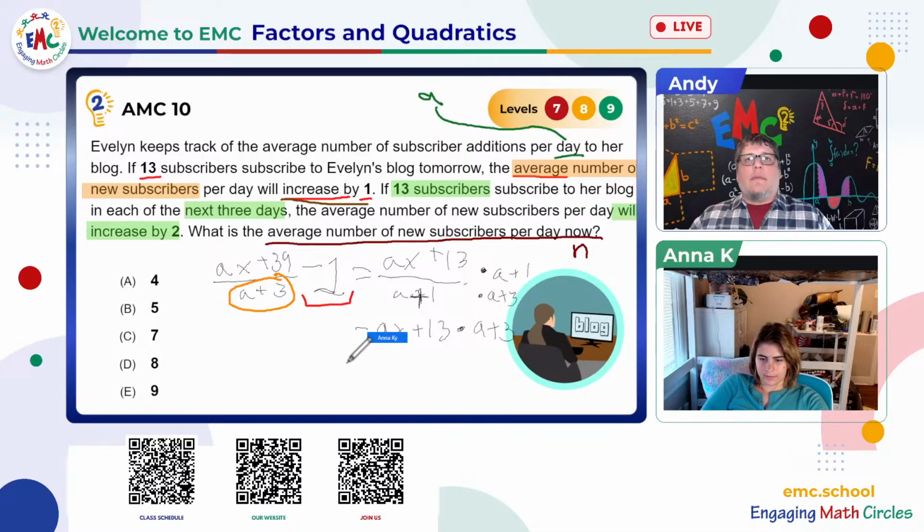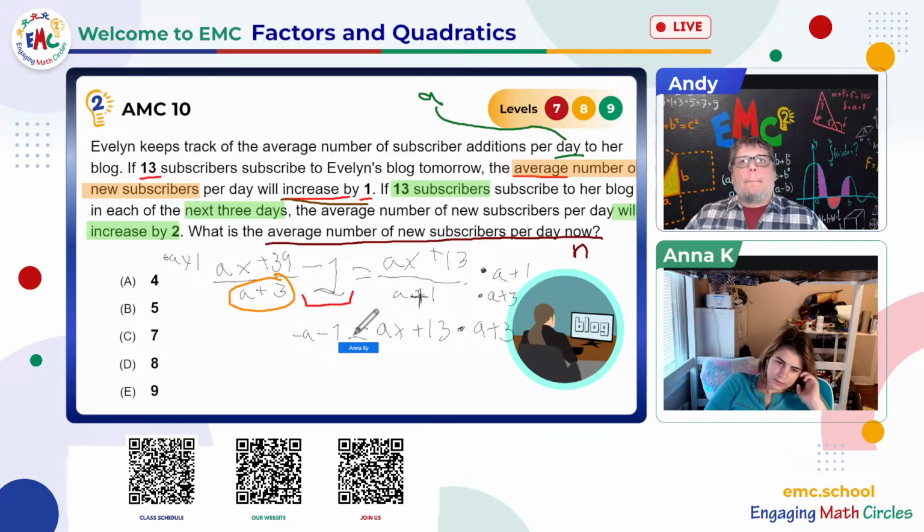And multiply the other side by A plus 1. The 1 becomes negative A minus 1. But you're also multiplying by A plus 3.